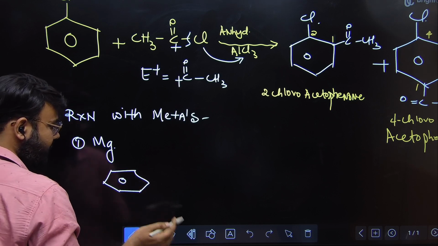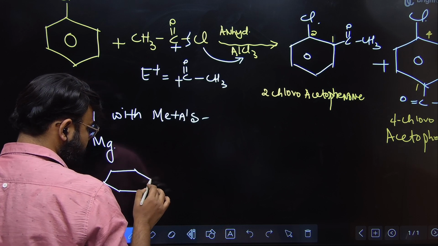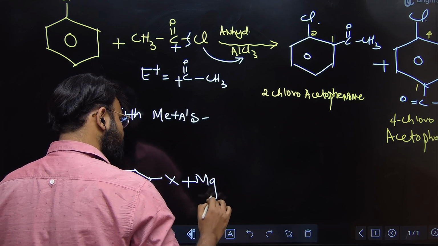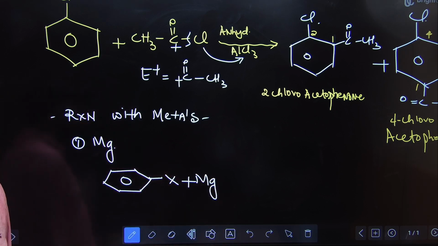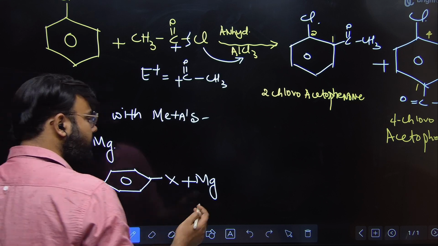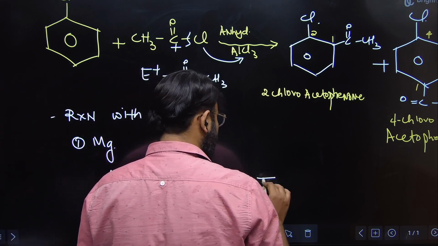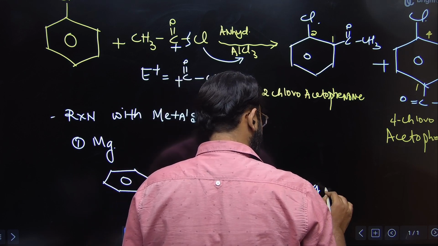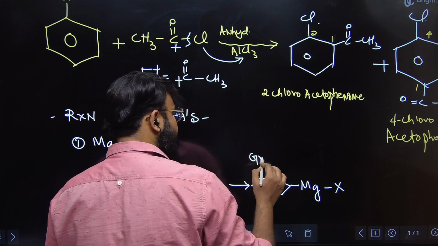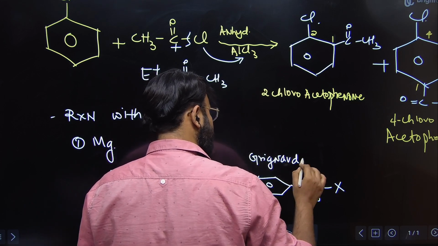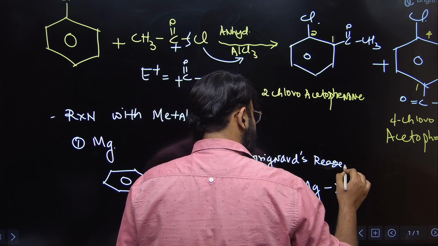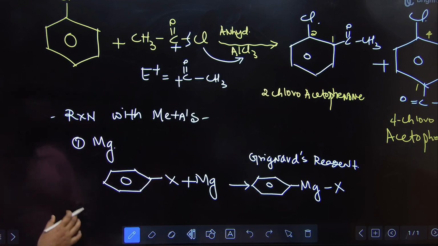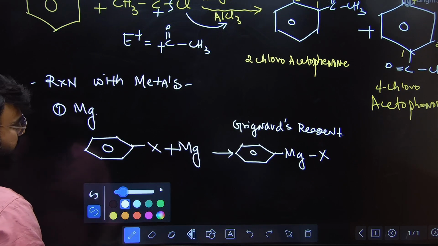When you react the haloarene with Mg, what will it form? It will form RMgX. It's Grignard's reagent, right? It's a very useful reagent. I will show you the application later on. So it forms Grignard's reagent, guys. Please understand.